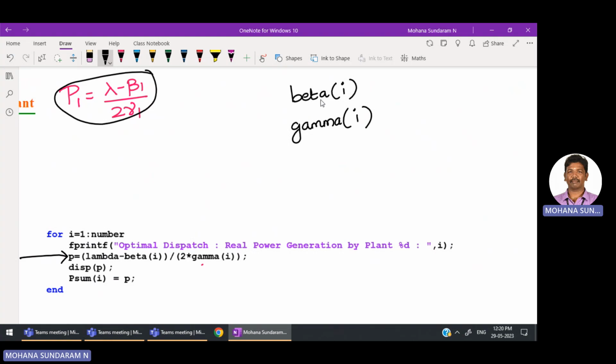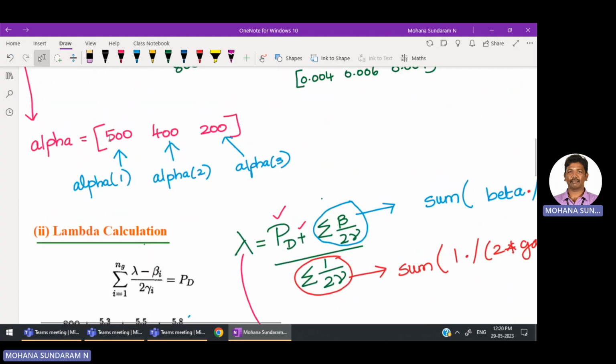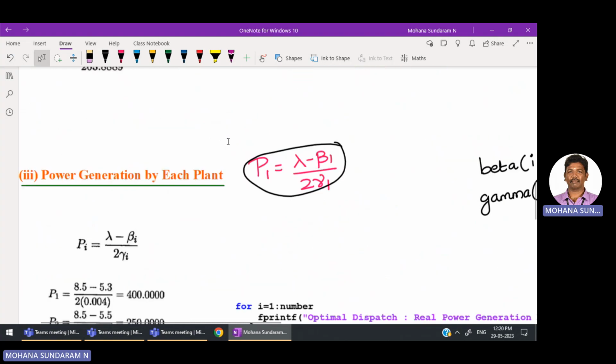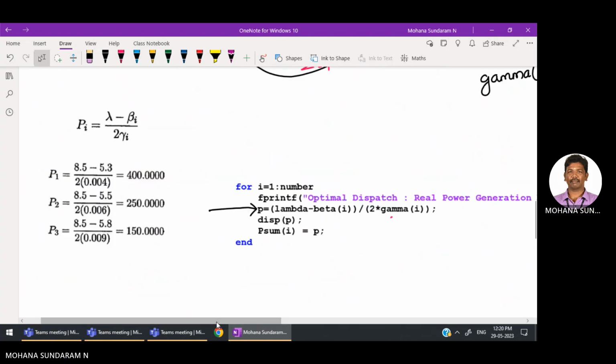As I already told you, beta has 3 numbers and gamma has 3 numbers in it. So you have to do it for beta 1, gamma 1 separately, beta 2, gamma 2, beta 3, gamma 3. For that, I'm using beta of I. This is what I told you in the beginning; for each one, we have to use alpha 1, alpha 2, alpha 3. That is what we are following here.